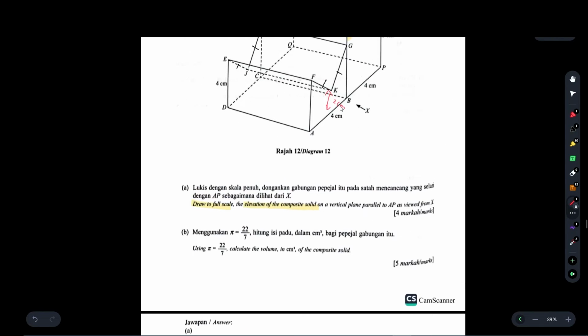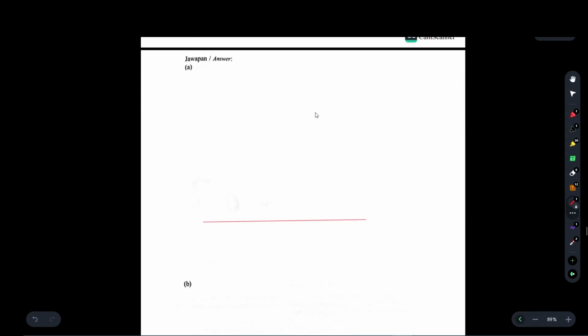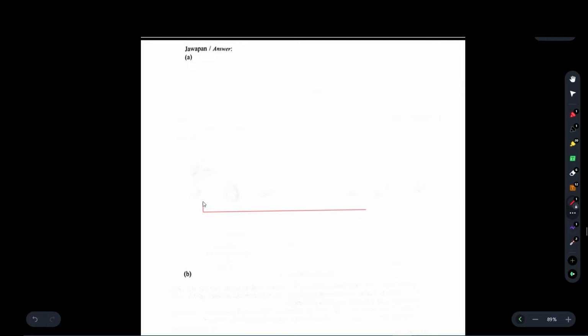And then we have a vertical plane of 4 centimeters right here, about this long, I guess. This is just an estimation, so don't mind it. 4 centimeters and 4 centimeters right here.